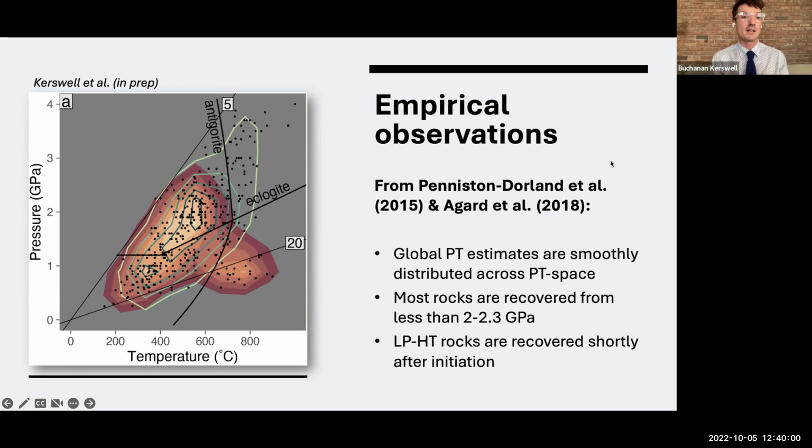But regardless, something to point out here is that, from the metamorphic rock record, it seems like the distributions of PT estimates are pretty continuous. In other words, there are no gaps. There are some peaks where we have a lot of samples, but they are distributed, especially with respect to pressure, pretty continuously from low pressure to high pressure.